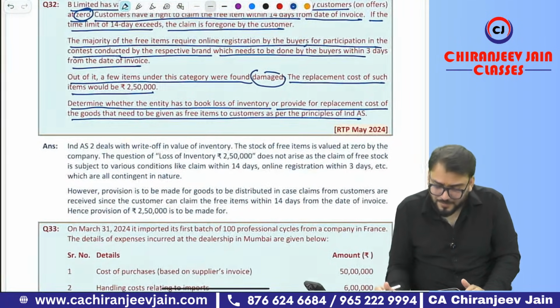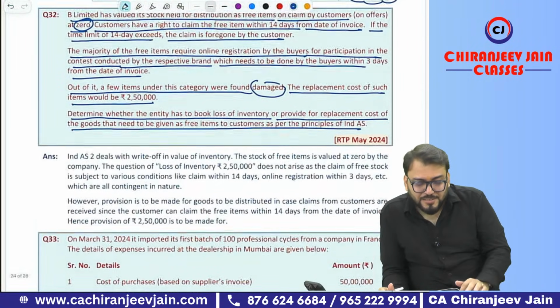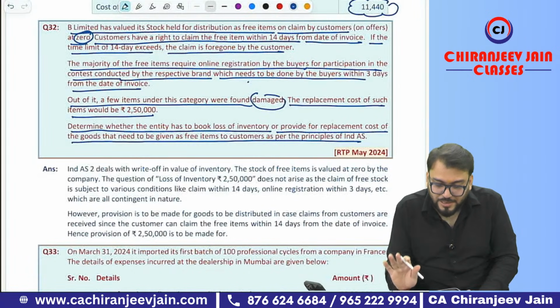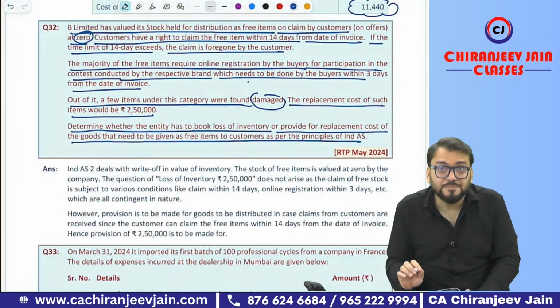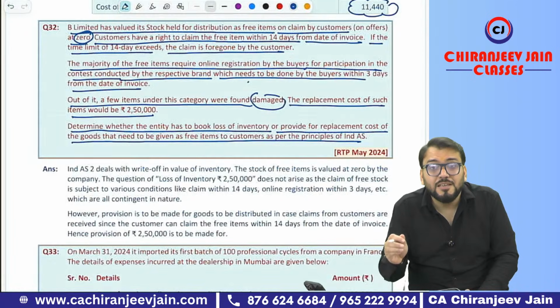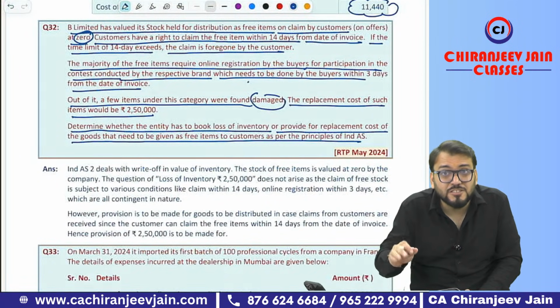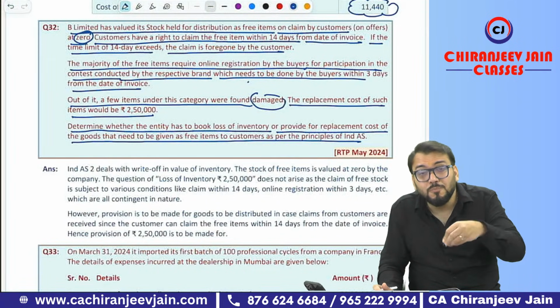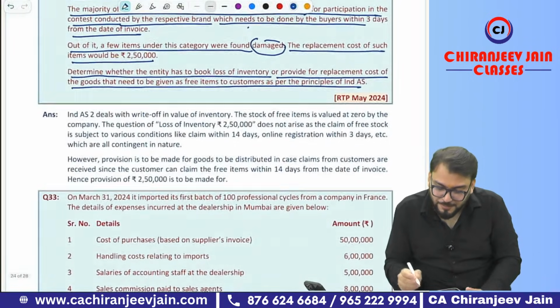Correct? Understood? Now try to understand in this case. Got damaged. Okay, we understood. It means they need to replace it. So if I am saying they need to replace it, this becomes one type of obligation to purchase some more goods to fulfill the need of the customer. Understood? So what answer has been given?